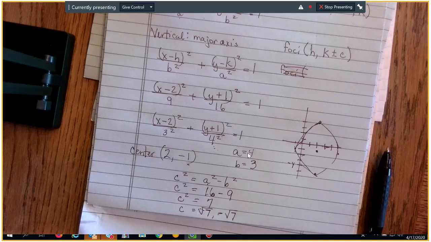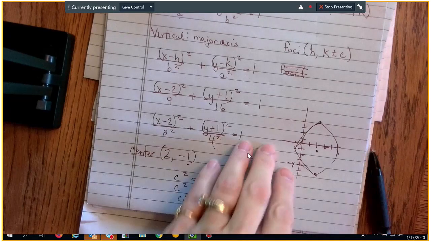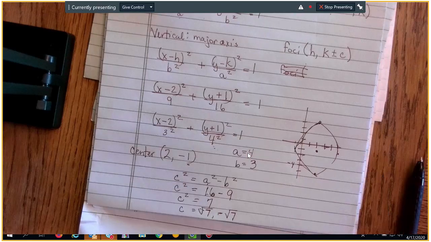Just make sure you're putting it into the correct place. So any questions about this before I move over?